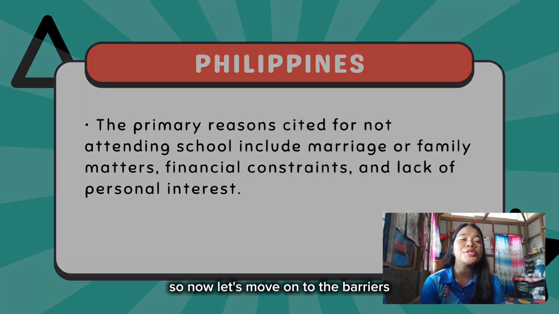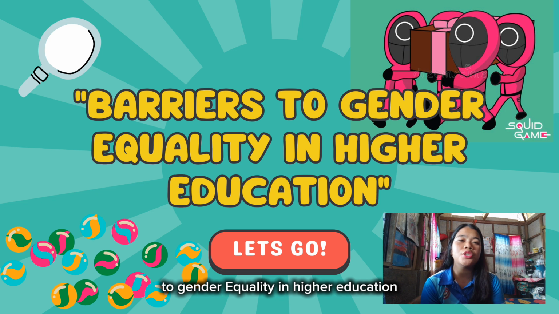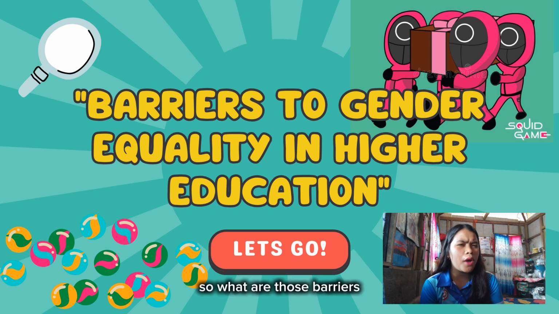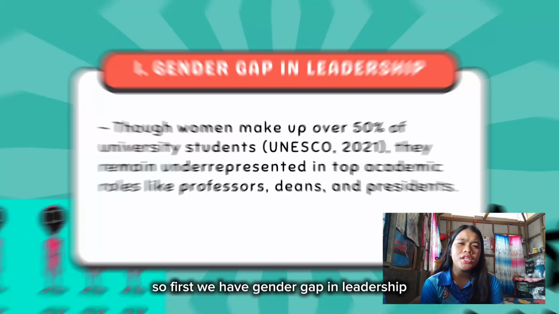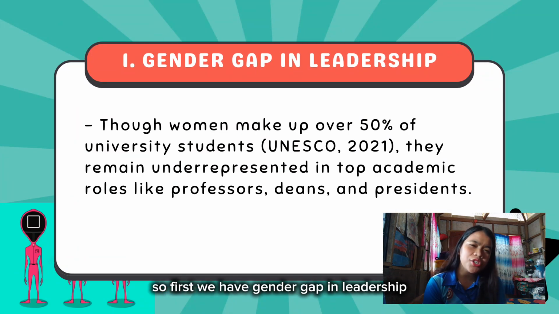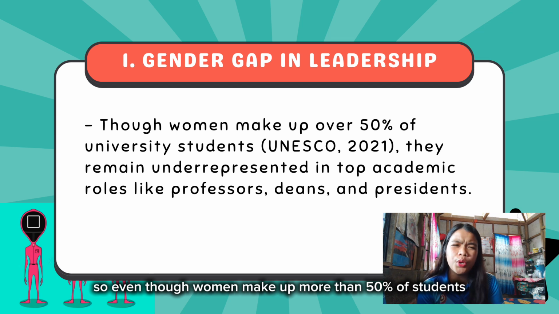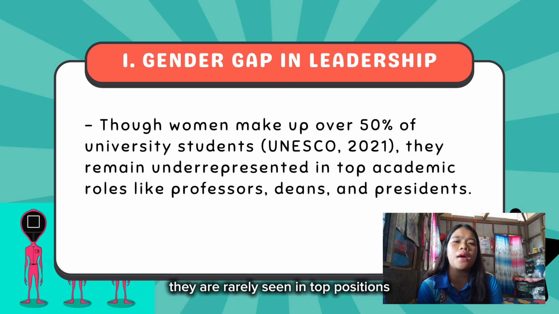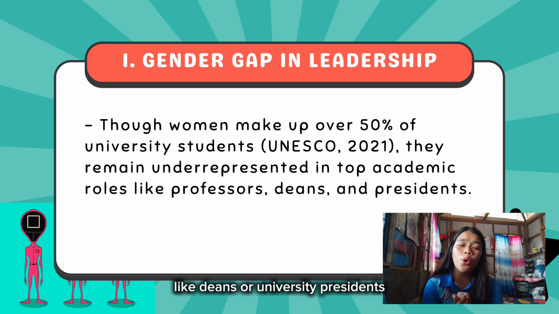So now, let's move on to the barriers to gender equality in higher education. What are those barriers? First, we have the gender gap in leadership. Even though women make up more than 50% of students, they are rarely seen in top positions like deans or university presidents.